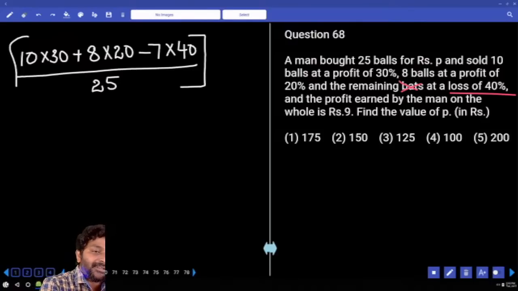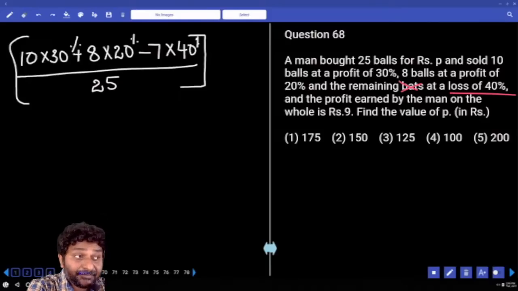Overall we are taking, see, all these are percentages, right? 30%, 20%, 40%. In the numerator, all are in percentage. Are you okay? Now tell me, how much is it? This one, 300, 160, 460 minus how much? 460 minus 280, 180 percentage, right?